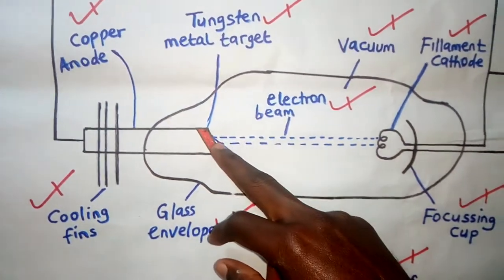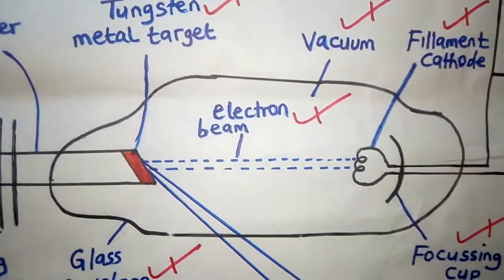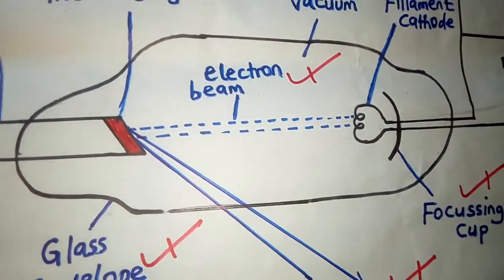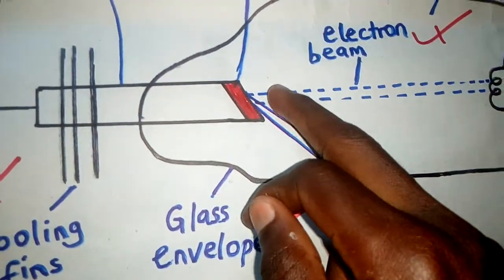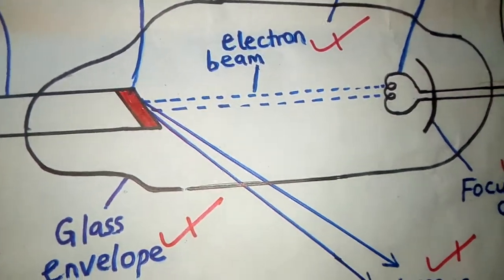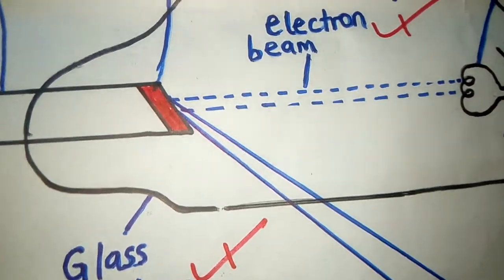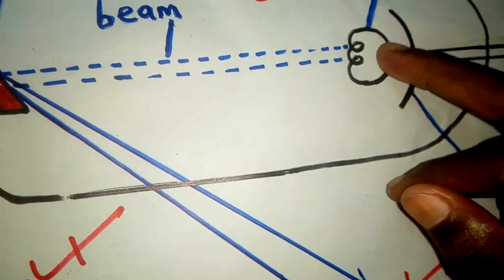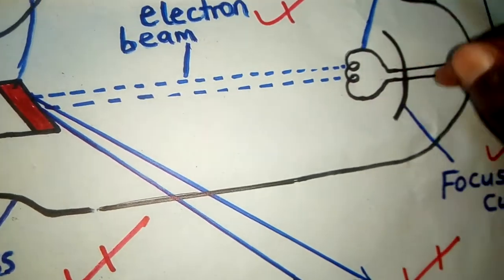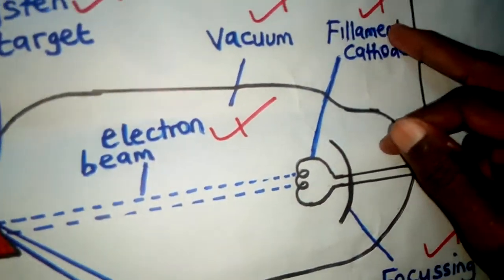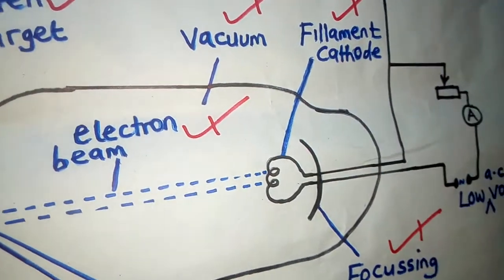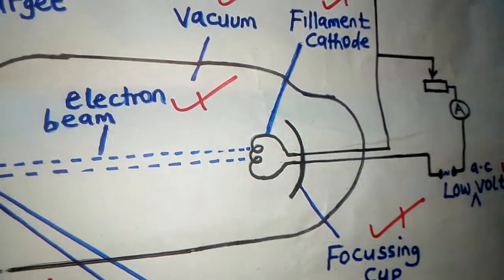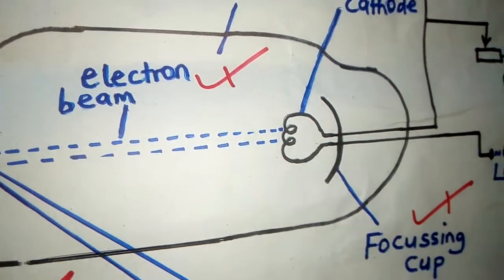Then what you see in the form of dots, those are electrons. So we call them the electron beam. Then in front of the electron beam, you have the filament. You can call it the filament or the filament cathode, because it is the cathode.